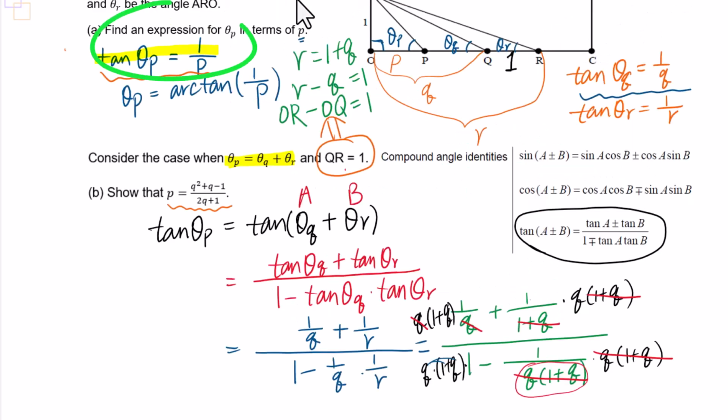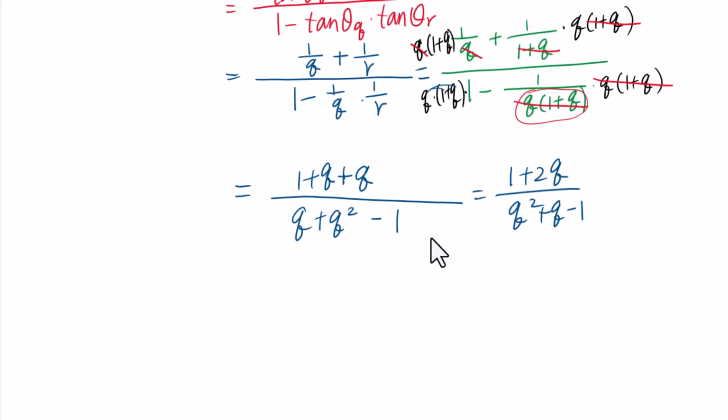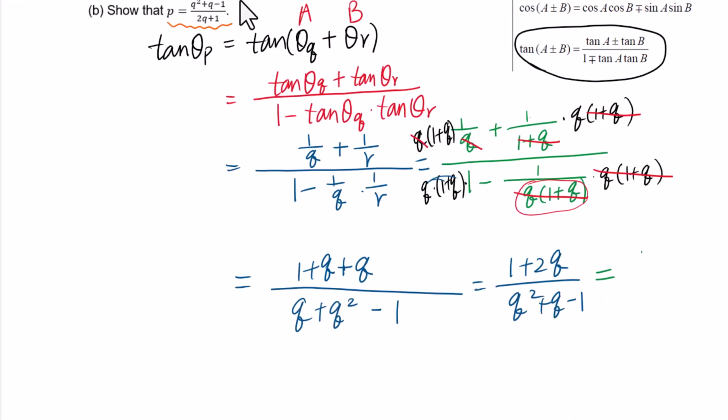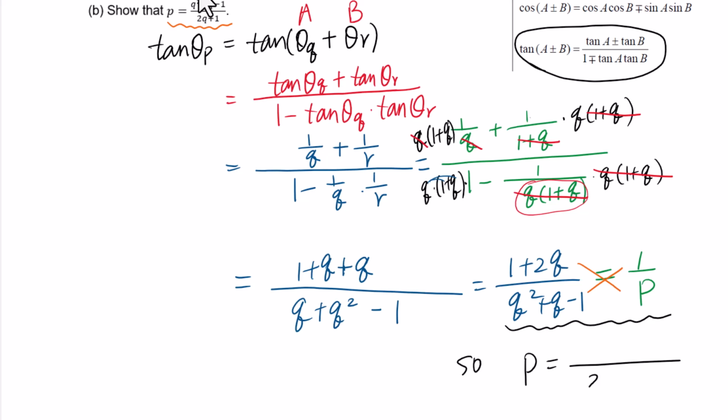Since tangent theta P equals 1 over P, we will set this equal to 1 over P. For this equation, we will solve for P. So P equals numerator Q squared plus Q minus 1, denominator 2Q plus 1.